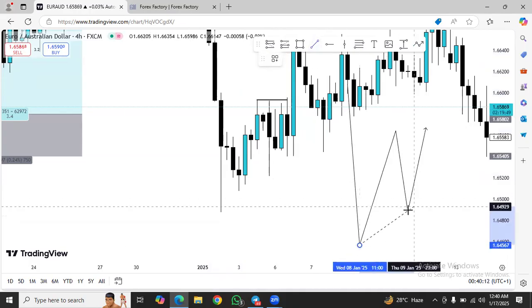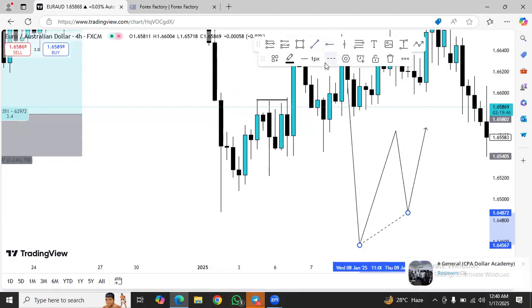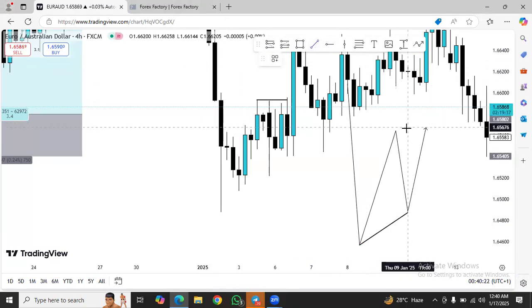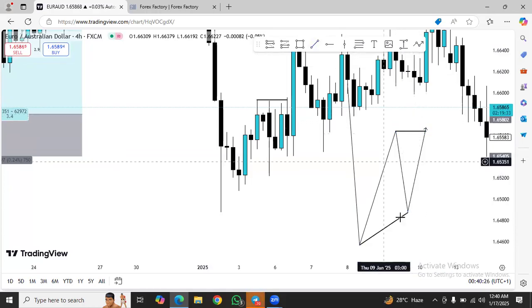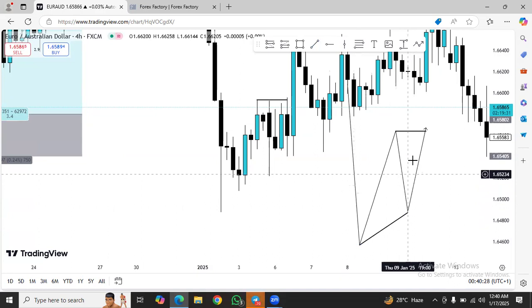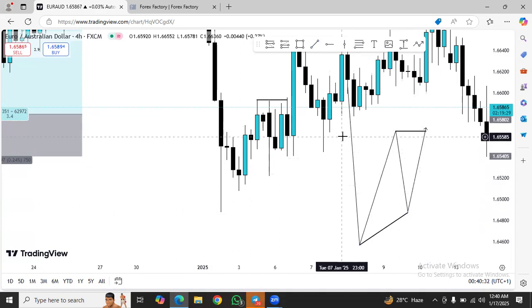This is the H4 time frame. This is one of the things I use to identify change in market structure. So we have that actually play out.